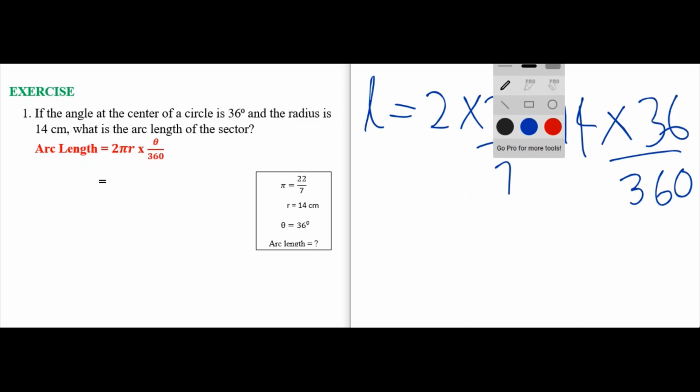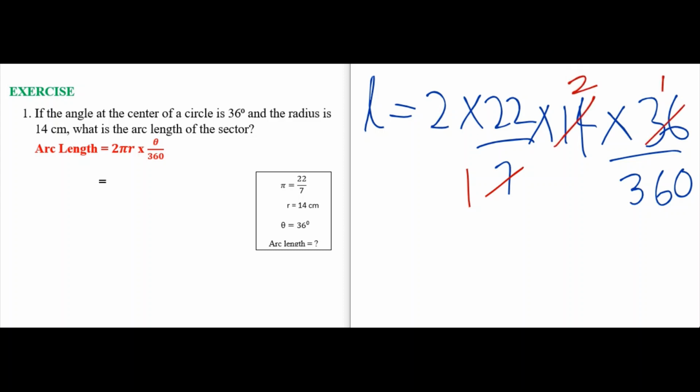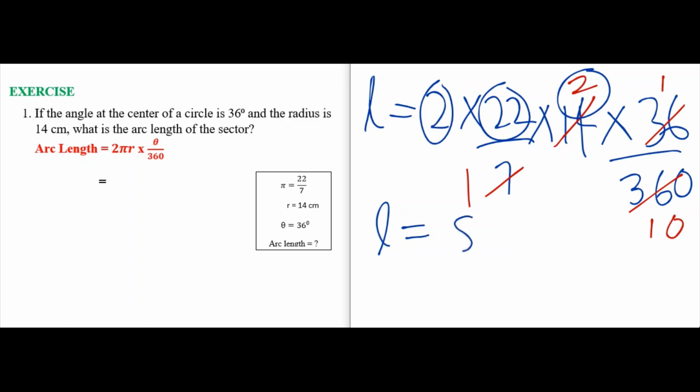Now let's see how we're going to simplify. This 7 and 14 cancel, leaving 1 and 2. 36 and 360 give 1 and 10. Or let's keep it as 10 because dividing something by 10 is easy. Then L is equal to 2 into 22 is 44, 44 into 2 is 88, and below we have 10.